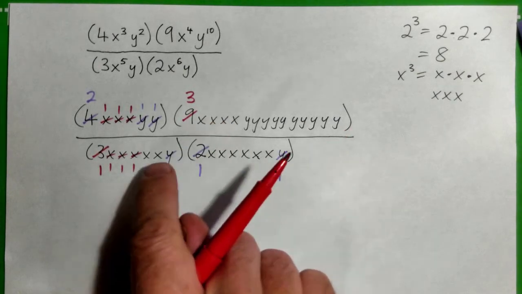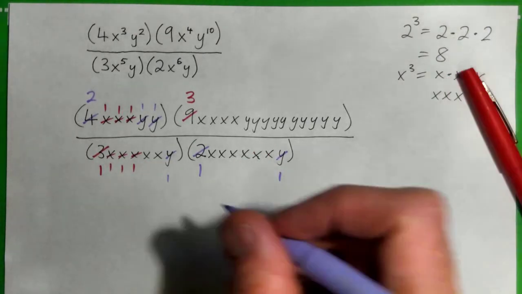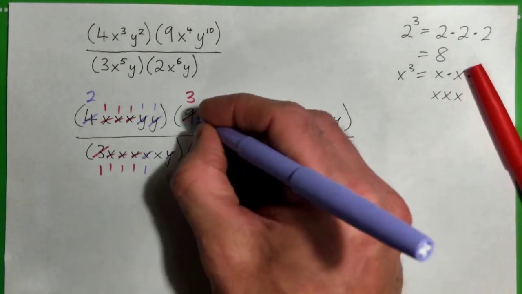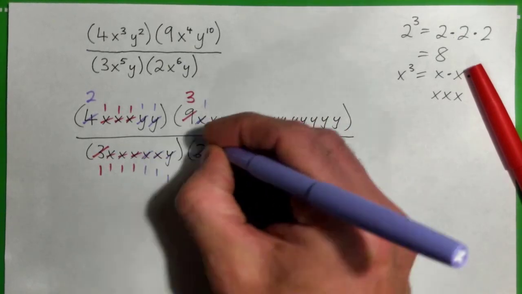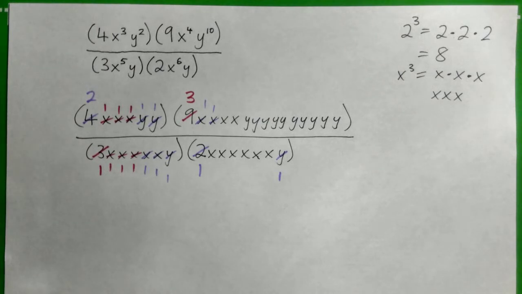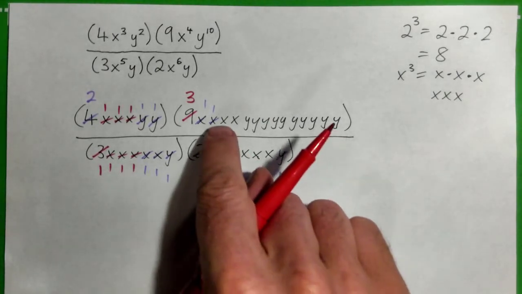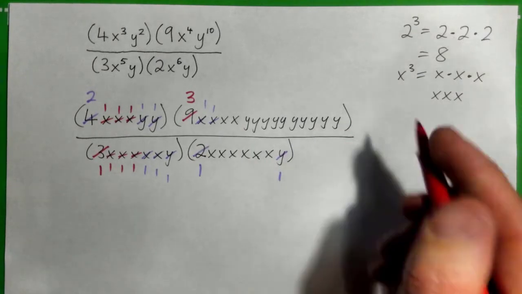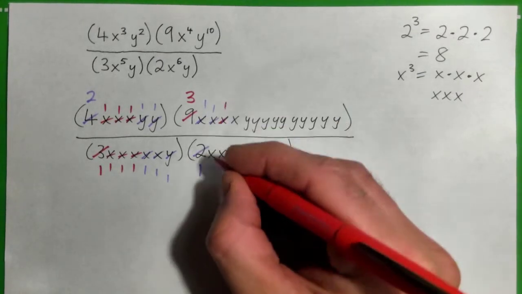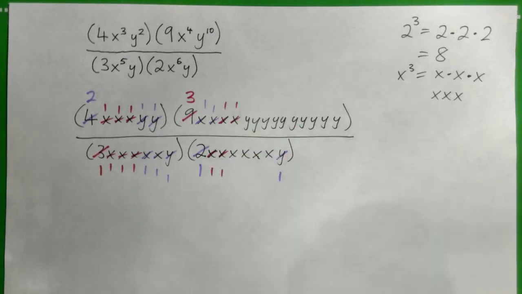Well, I've got 2 x's here. So how about this x with this x? Now, what's left? A whole bunch of x's here, right? So we've got 2 x's on top still. So how about cross cancel this one with this, cross cancel this with this, right?